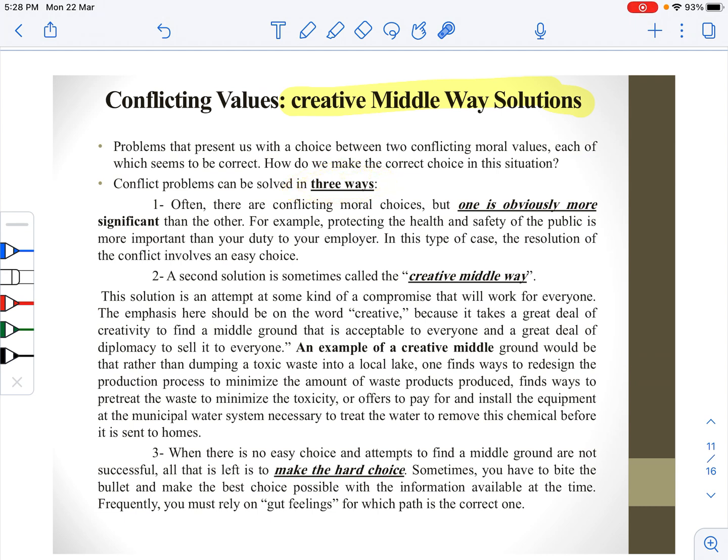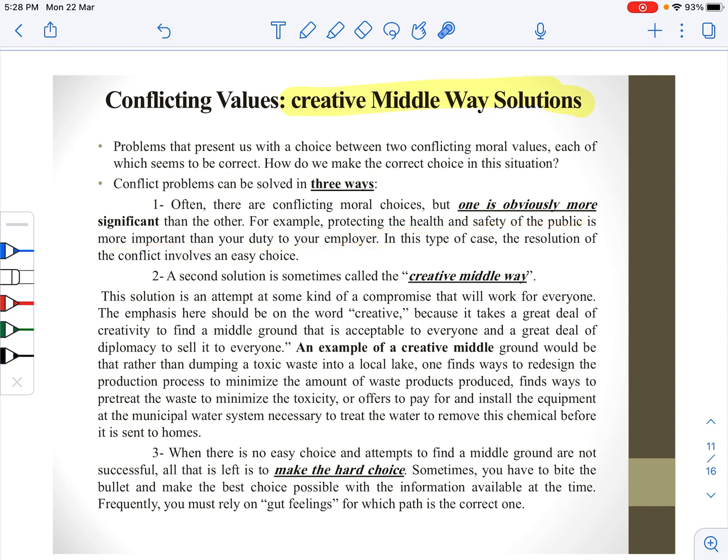Number one is using the fact that one is obviously more significant than another. So sometimes when you have a solution, one solution is clearly more morally right. For example, protecting the health and safety of the public is more important than the duty to the employer. Okay, so you can justify using this.